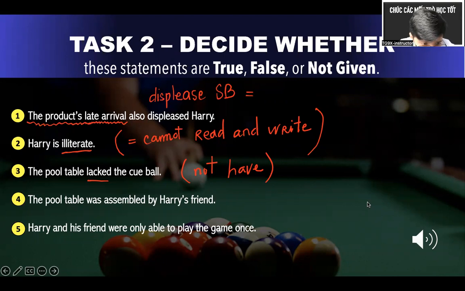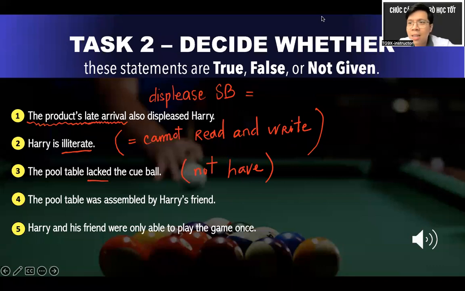And number 5 is not given because I cannot hear how many times he and his friend played the game.